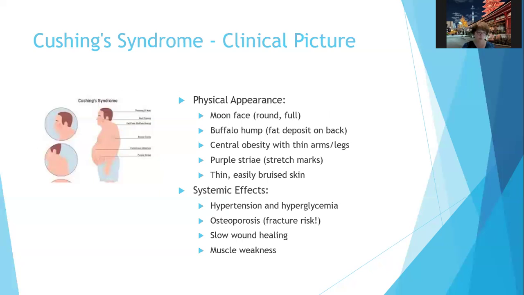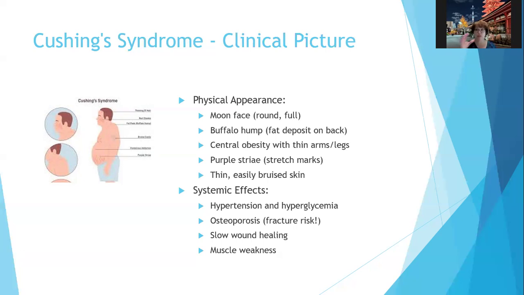So Cushing syndrome, the medications, they act on cortisol in the body, so the signs and symptoms relate to excess cortisol levels. The physical appearance is, they call it a moon face, so round and full. Buffalo hump, which is a fat deposit on the back. Central obesity with thin arms and legs.